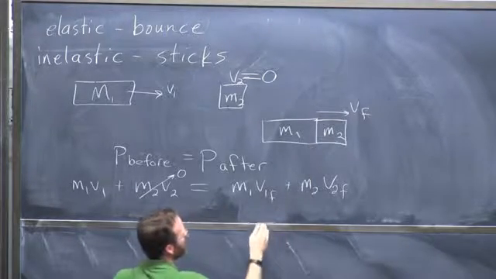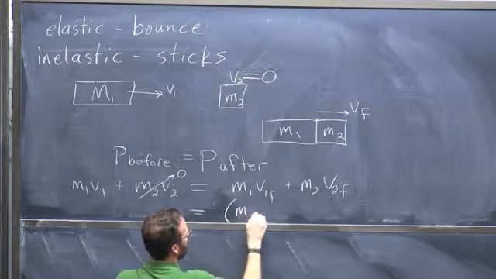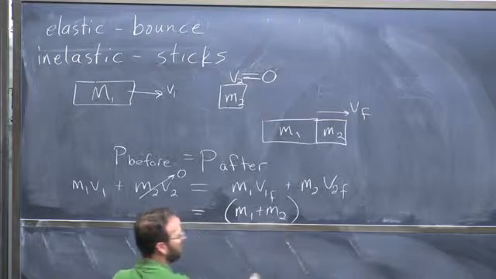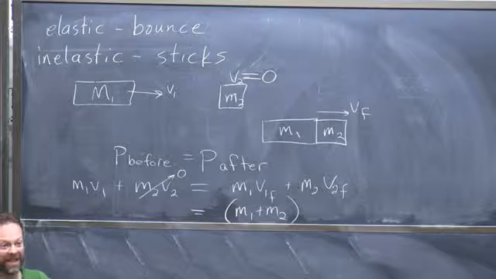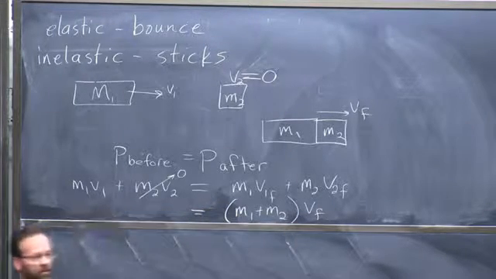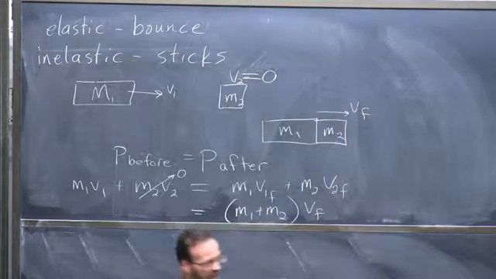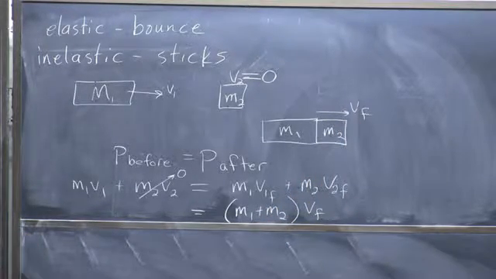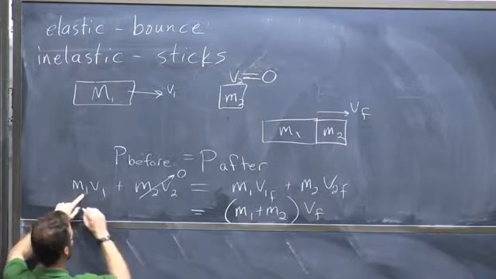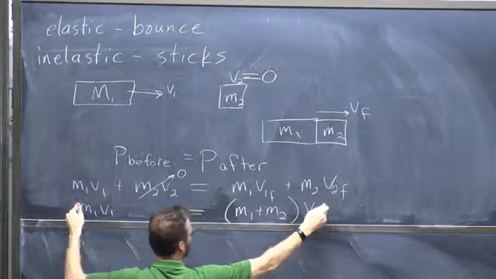They stick together, so this is really the total mass. It's like one big block now, moving together. They both have the same velocity. We'll just call it v final, as I drew up here. Because they're moving at the same speed, they're just different masses. This comes down. So there's our equation we can work with.